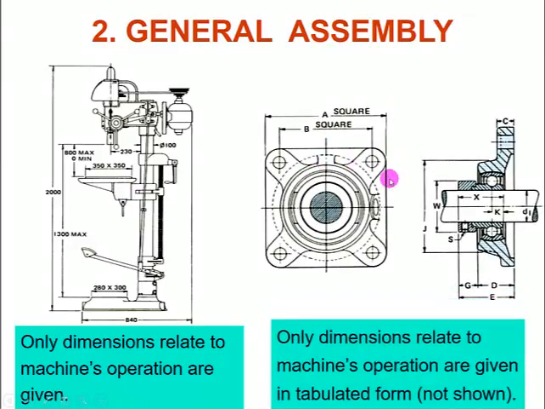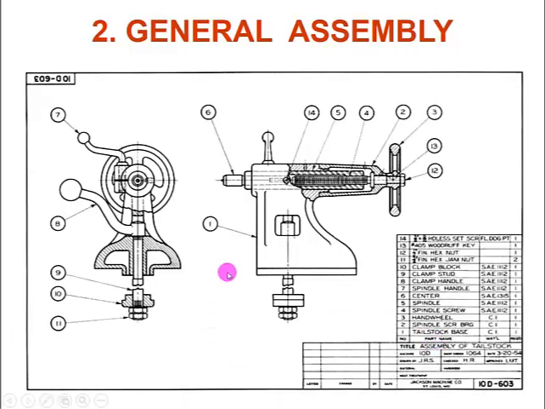This one is for the orthographic view, with all the parts together shown in orthographic. Only dimensions related to the machine's operation are shown. The other things that would disturb your reading, just leave them out, do not show them. This is an example of the general assembly.